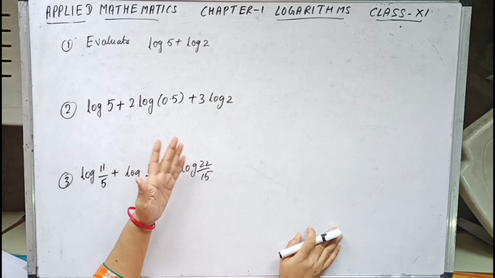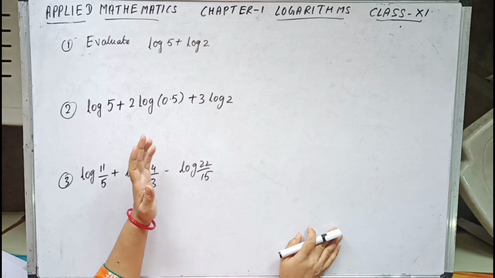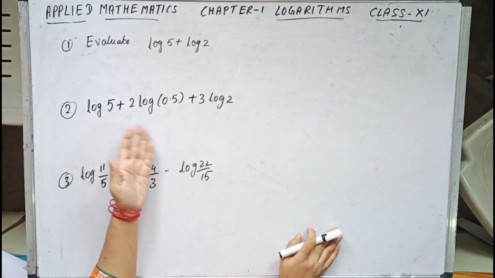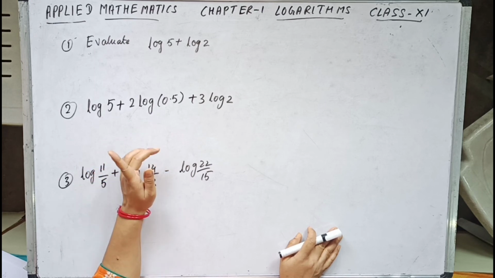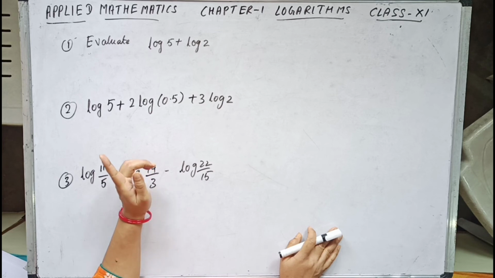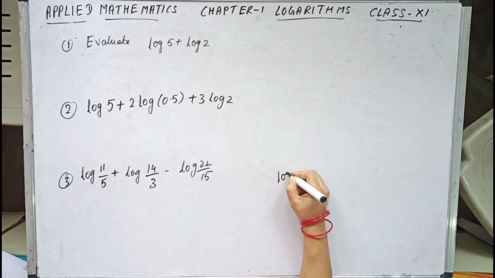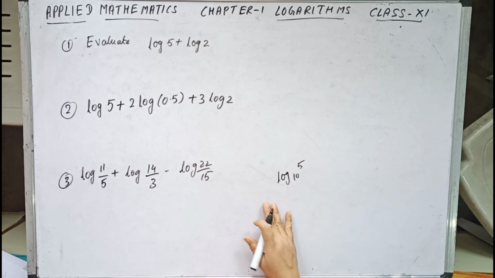Now as I said, whenever the base is not mentioned in a log, over here the base is not mentioned in these three questions. Whenever base is not mentioned, we will understand it is common logarithm. Remember, common logarithm, log of suppose 5 base, we will take it as log of 10 only.